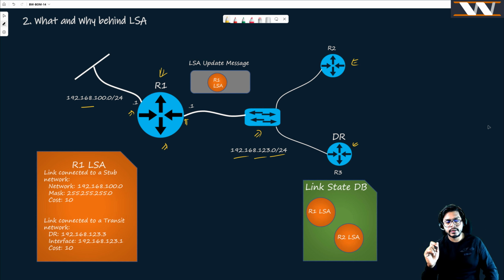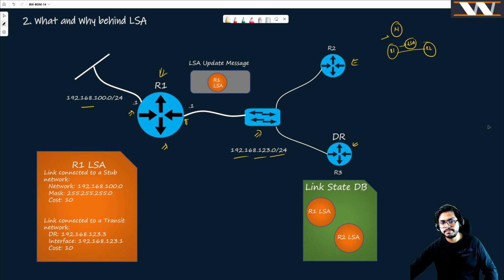What are we learning here? We are learning the what and why behind LSA. First thing first, we have understood the concept of neighborship. Why are we doing neighborship? Because, as I mentioned, from the philosophy of OSPF, if these two guys are neighbors, then they are going to exchange routing information in the form of LSA.